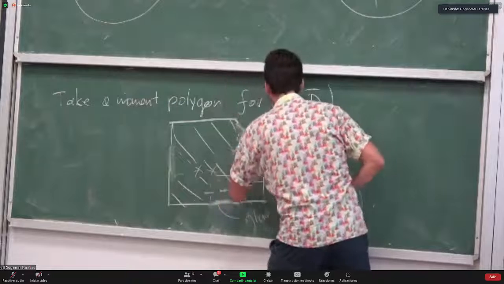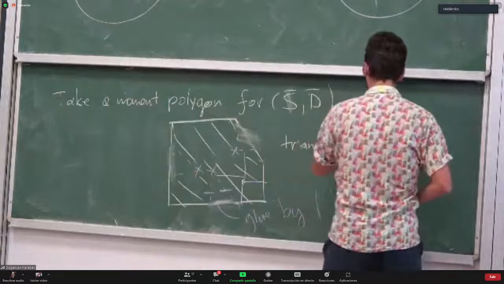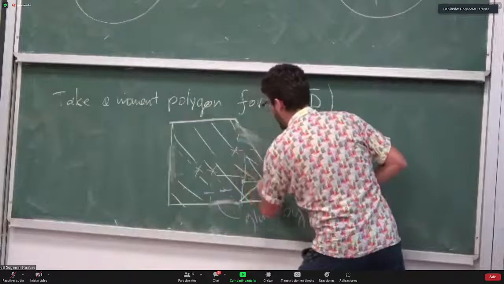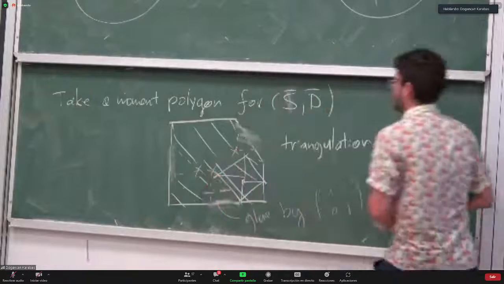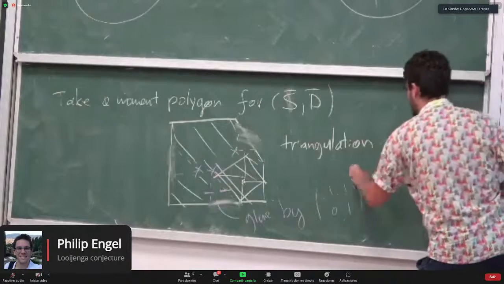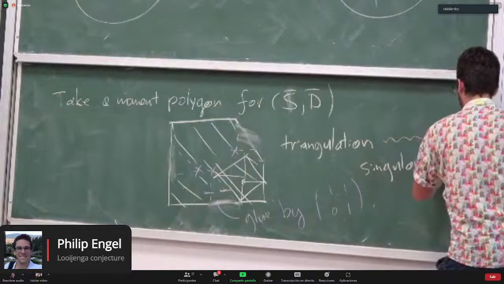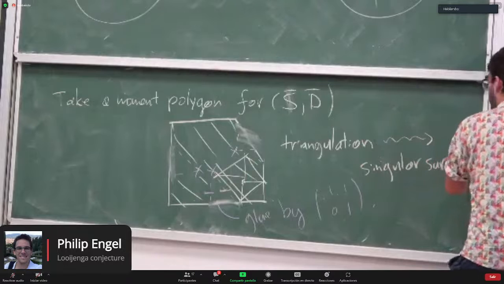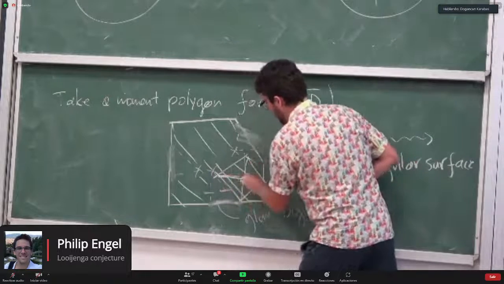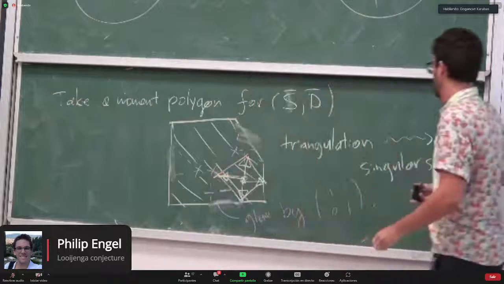You take some triangulation of this moment polygon with these triangles cut out, and from it we can produce some singular surface by viewing each vertex as the fan of some toric surface.